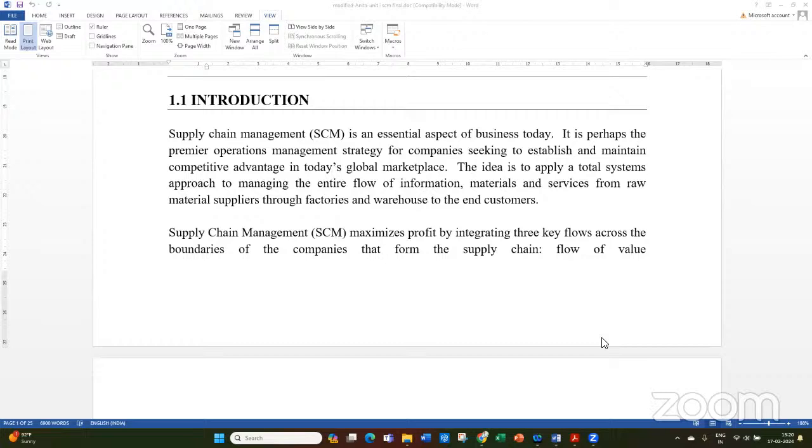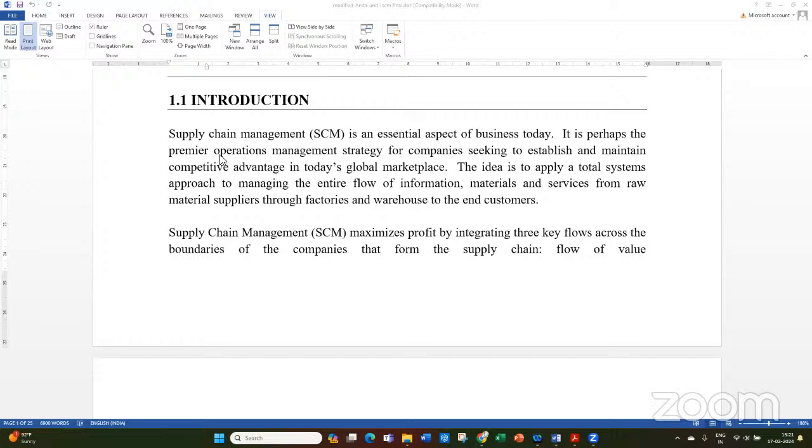Supply should be equal to demand. That is the ideal situation, but it is not going to happen always. Either supply can be more than the demand, or supply can be less than the demand. These two situations we are going to see in supply chain management.